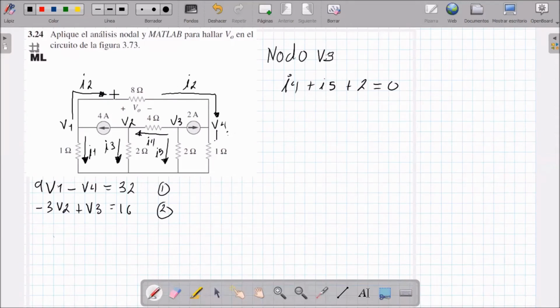The I4 is what comes here, what a shame. It would be V3 minus V2 over 4 plus V3 over 2, okay?